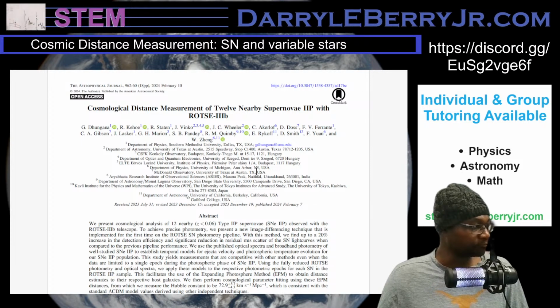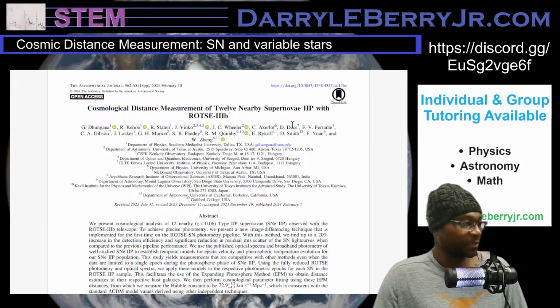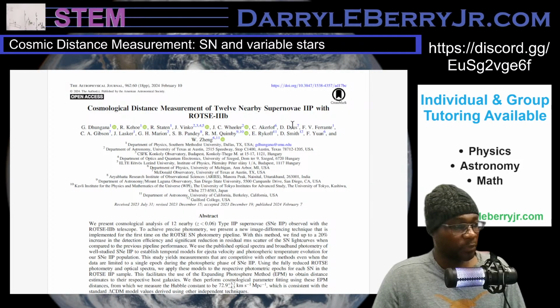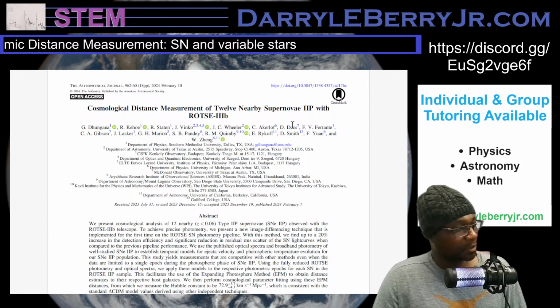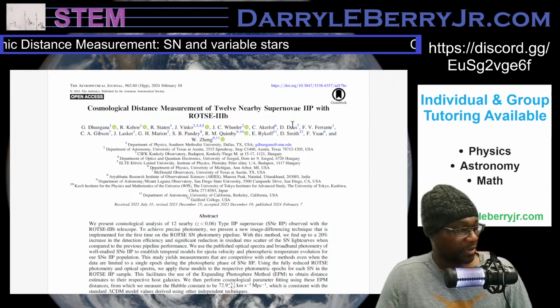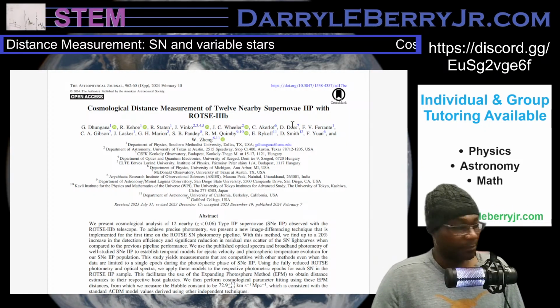All right. So we have the cosmological distance measurement of 12 nearby type 2P supernovae with ROTSE-3B. ROTSE is a telescope that my understanding was built by the folks at SMU.